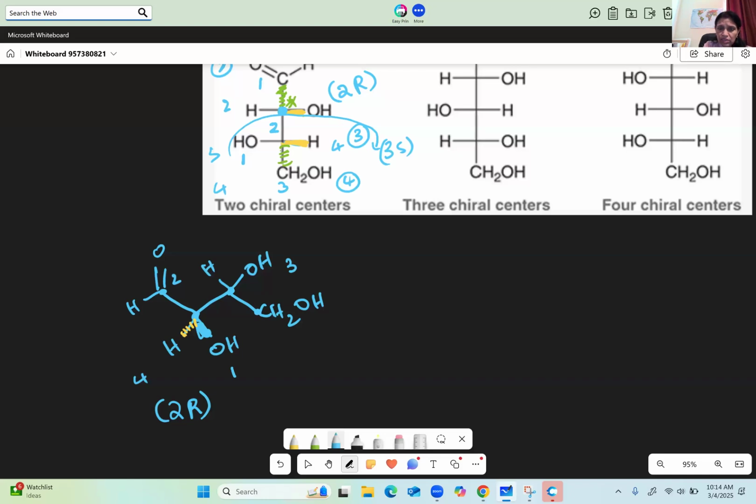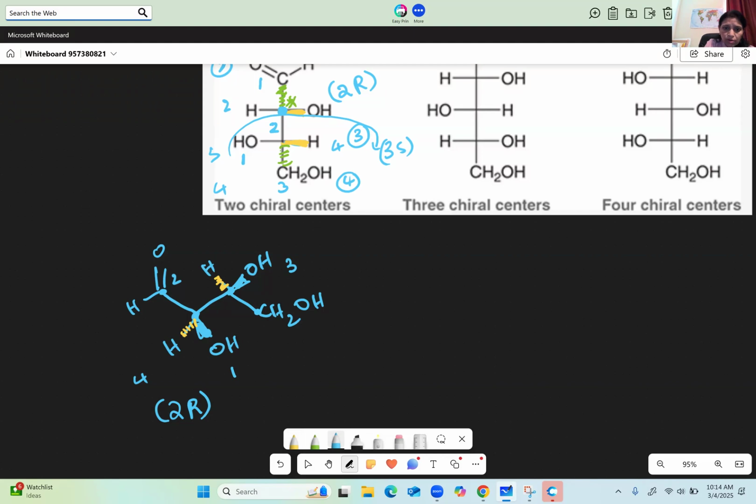So now the 3S, the third carbon has to be an S. So to make my life easier, let's assume I'm going to do this a dash, a wedge, and this a dash, because I can do this on my own, but still my R or S configuration should be correct.